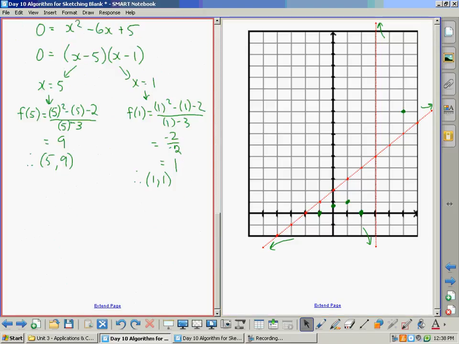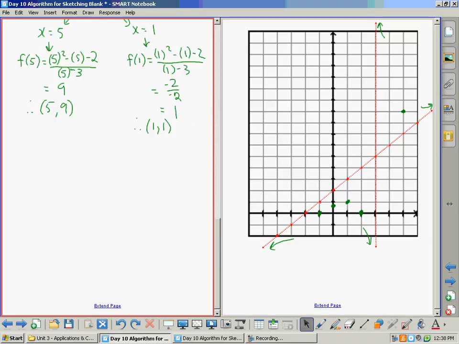Okay, so the last part of step 4 then is to test to see if these critical points are actually maxes or mins. So we're going to make our table. And again, we're going to look from left to right. So the first one going from left to right is 1. So I'm going to go x is less than 1 is the first interval.